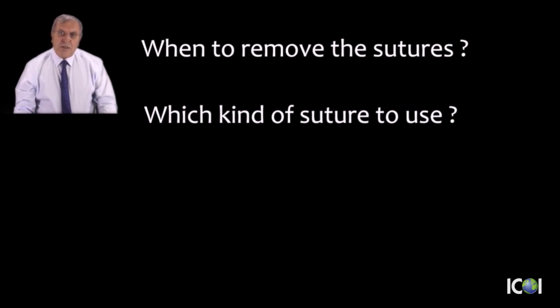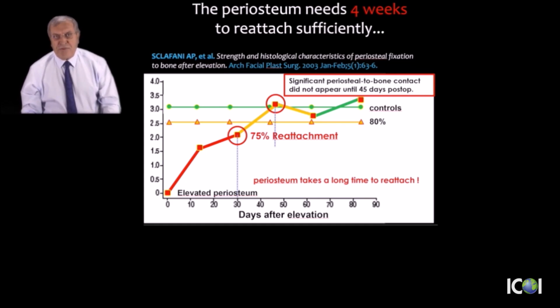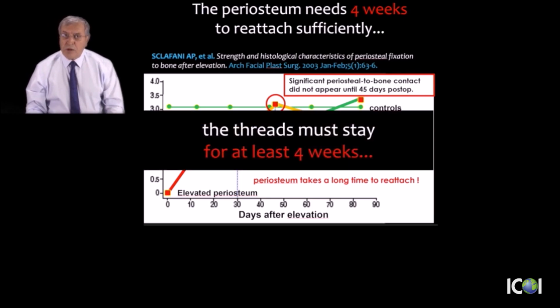The question is now when to remove and which kind of suture to use. Just a reminder, we need at least 4 weeks to achieve enough reattachment. Then we will say the threads must stay for at least 4 weeks. This is not common.